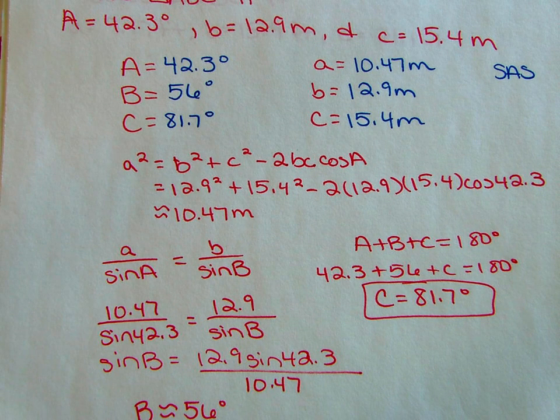Are there questions on how we did any aspect of this? Notice we start with the law of cosines. Once we've done the law of cosines, then we did the law of sines, and then theoretically you could have done the law of sines again, or we used the interior angle aspect to come up with our last angle.